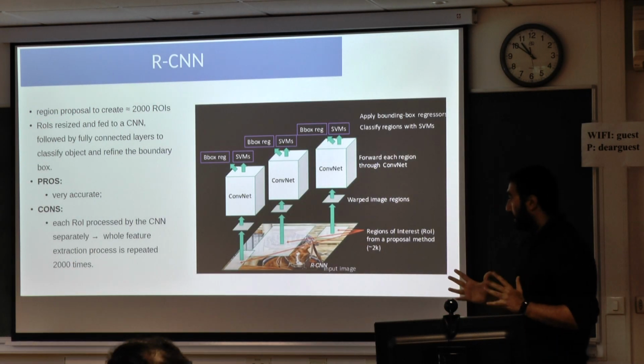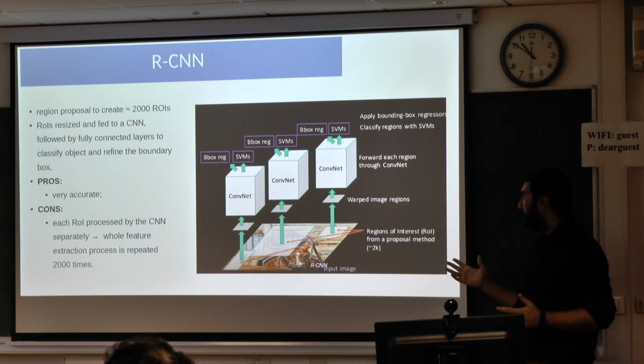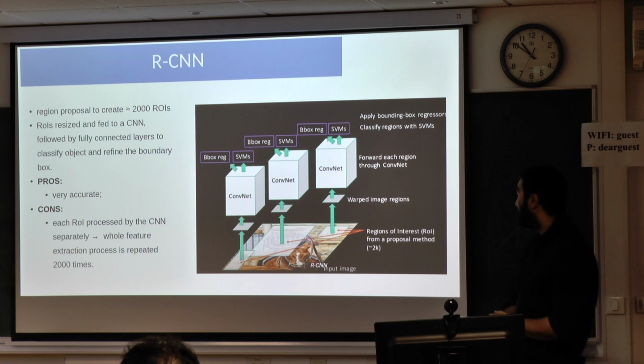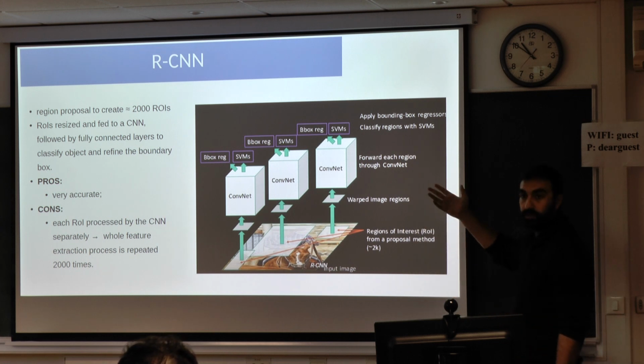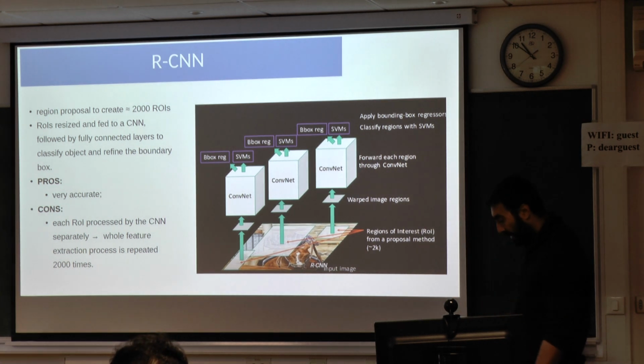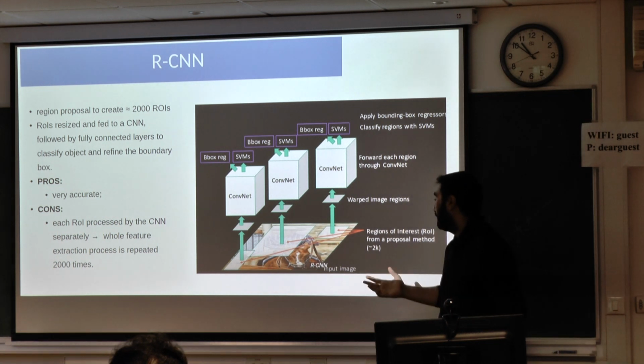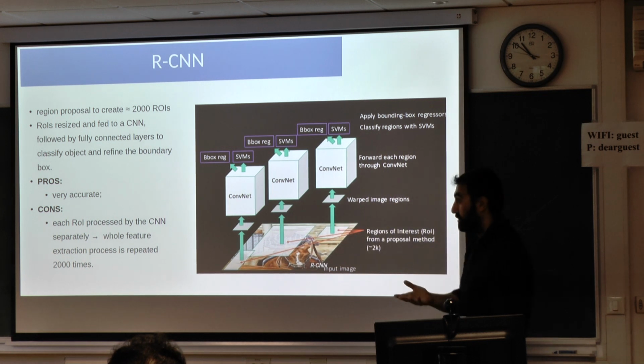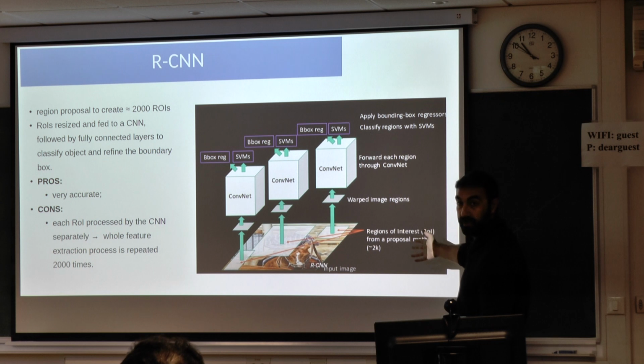And so I'm going to talk about one big family of these region-based detectors. The simplest one is the RCNN, region-based convolutional neural network. The workflow is simple. You have your image and you use in general an external method, like the selective search I just told you about, to locate the regions of interest.